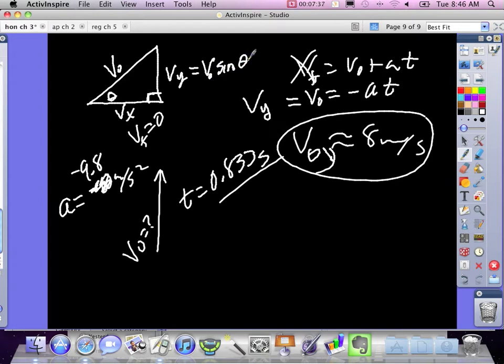So Vy is V0 sine theta, and this V0 is Vy initial. So this thing, when it took off, had 8 meters per second vertical velocity. So if you know this is 8, and you know this to be 22 degrees, find V0. So do that now.